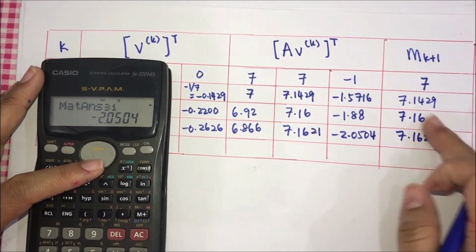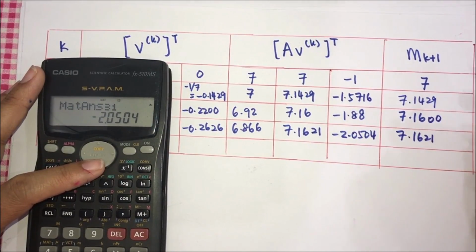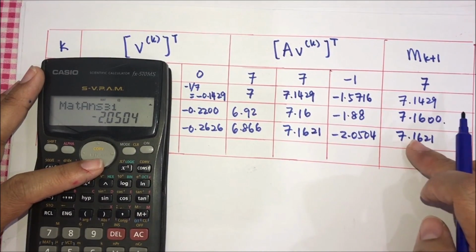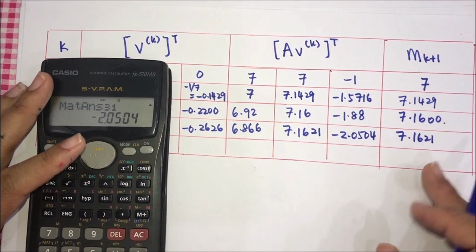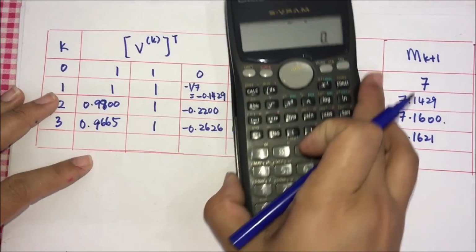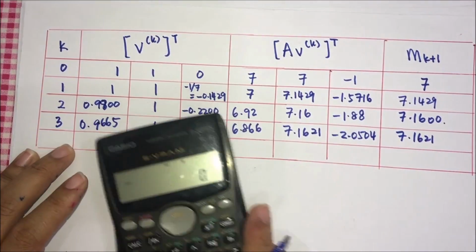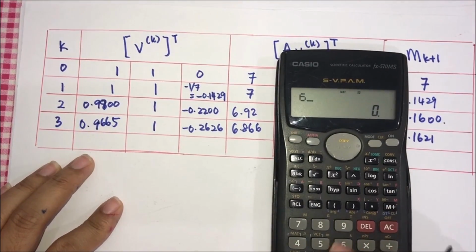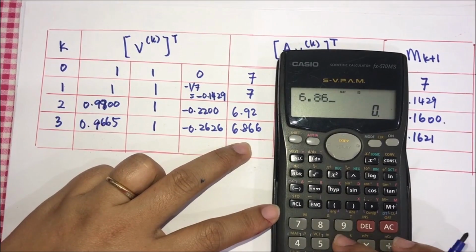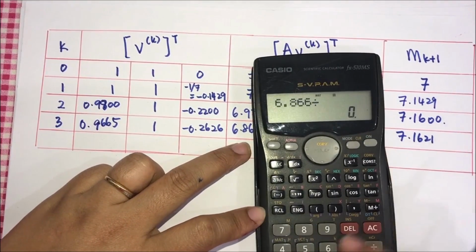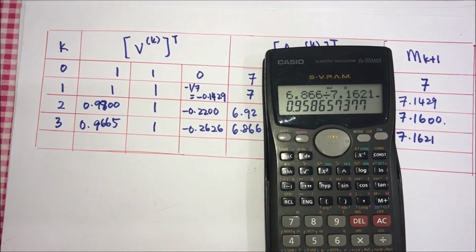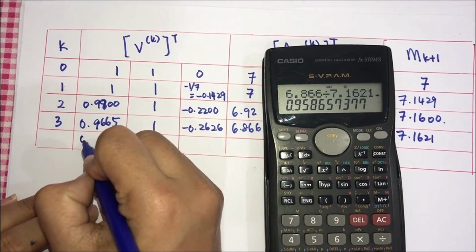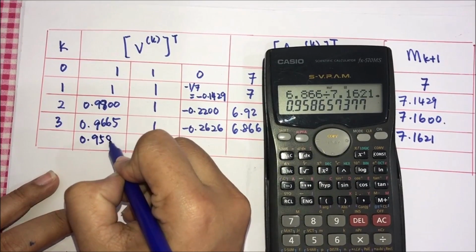7.1621. We still cannot stop, because this one minus this one is still more than 0.0005. So we still have to do the next iteration. For the next one, 6.866 divided by this dominant value, 7.1621, we get 0.9587.